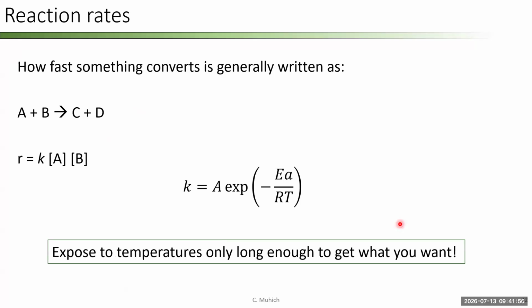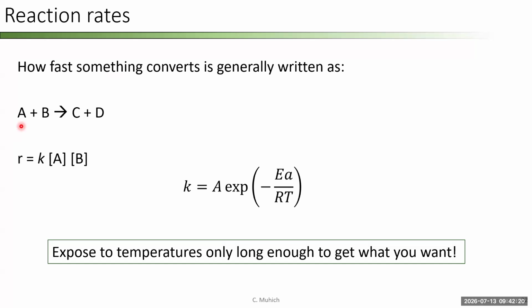Okay, so the last thing that I briefly want to talk about is reaction rates, right? So we just talked about using heat or lower temperatures to change how fast something is happening. So this begs the question of how fast is something going to be converted?